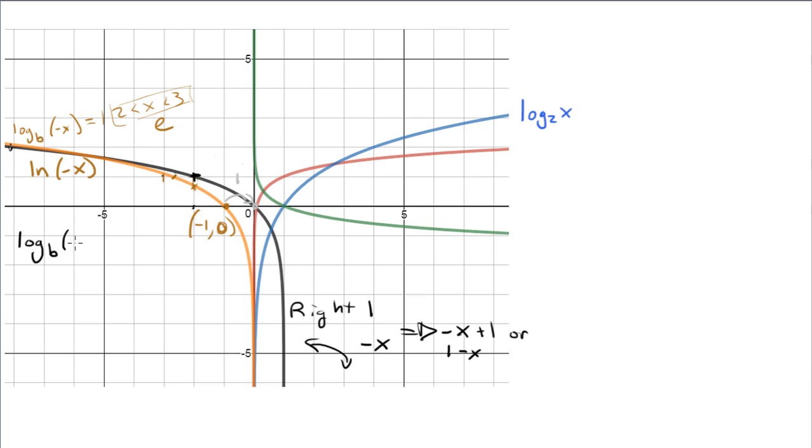And when x is negative 2, negative 2 plus 1, we said, it's equal to 3. So the log of some base of 3 equals 3. That base is 1 because 3 to the first power is 3.